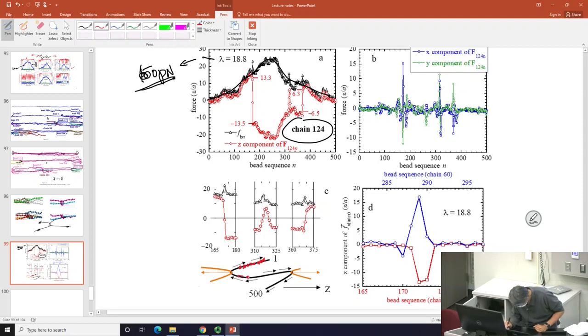Everywhere, he calculated everywhere. And let me interpret this data, he basically found what I depicted here, with the arrow indicating the direction of the force from other chains, okay? This is a very remarkable picture.